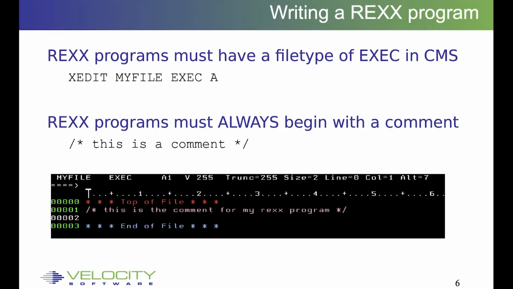On CMS, the comment can be a blank, a null comment, so you can have just the delineating characters with nothing in between them. That is perfectly fine. On some platforms, a comment is required, and some of them even require specifically REXX as the comment, but not in CMS. Just a null comment is perfectly fine.